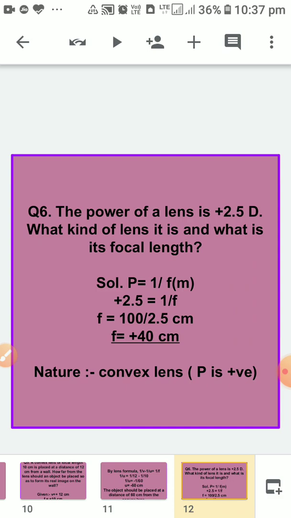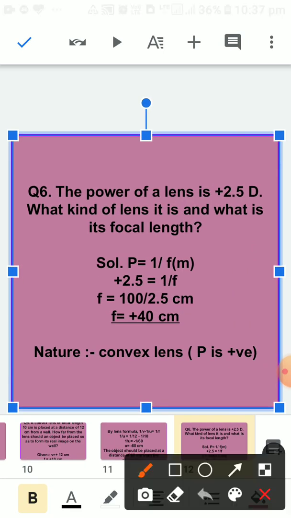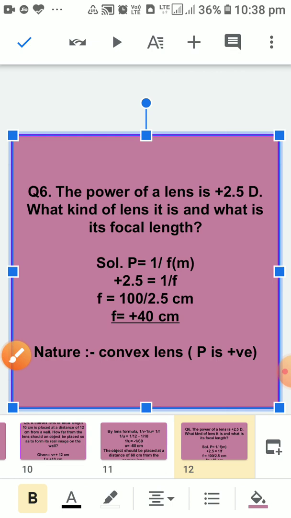So when we put the value of power 2.5, F will have the value 100 by 2.5. Here in place of 1 meter we have written 100 centimeters. So the focal length will be 40 centimeters and it is a positive value. Because it has a positive sign, and which lens has a positive sign? Convex lens. So the nature of the lens will be a convex lens.